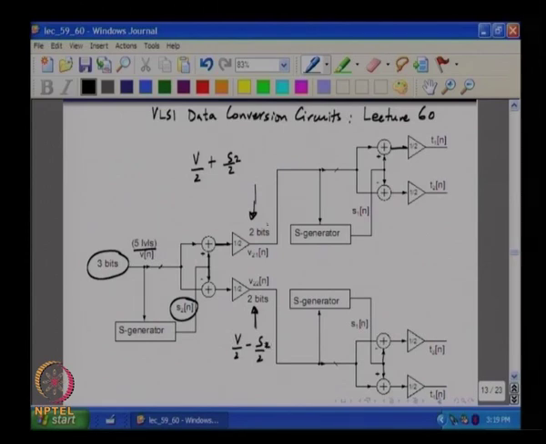Now since we have 2-bit sequences, each of these can be split into 2 1-bit sequences, and finally what you have is V by 2 by 2, which is V by 4 plus S2 by 4 plus S1A by 2, I will call this S1A, and V by 4 plus S2 by 4 minus S1A by 2.